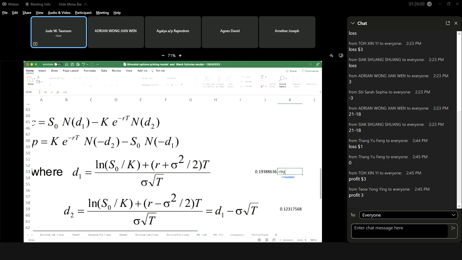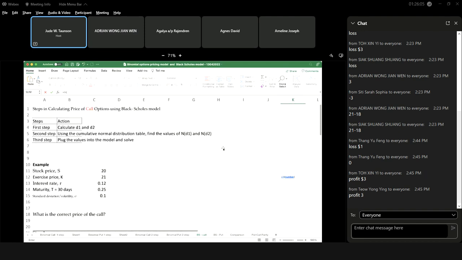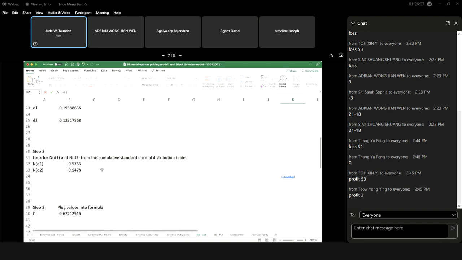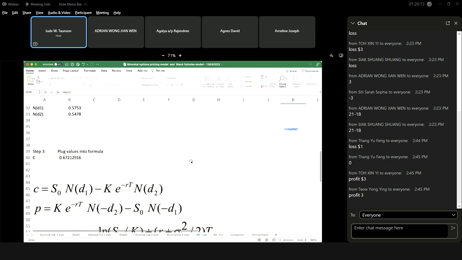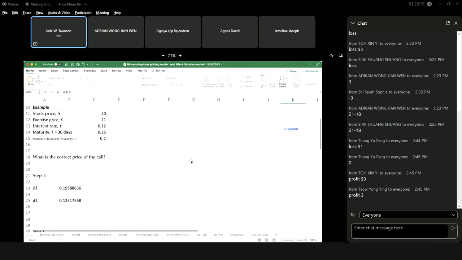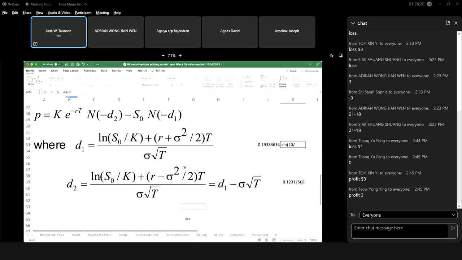What is the stock price? The price is 20, it is given, right? 20 divided by the strike price. Strike price is 21. Okay, divided by 21. Bracket, plus, bracket, interest rate is 12%.